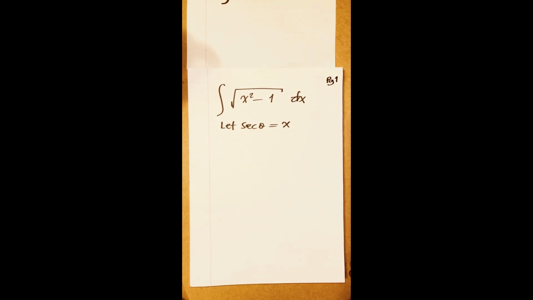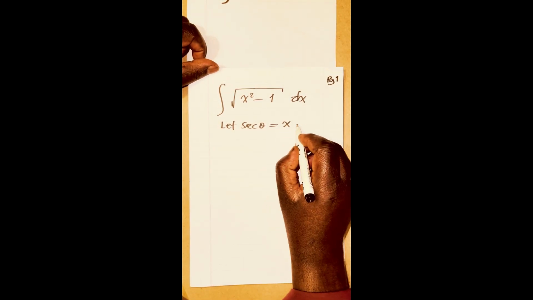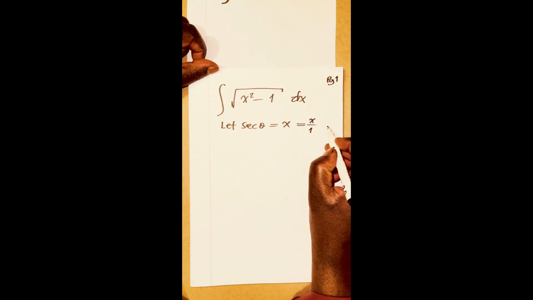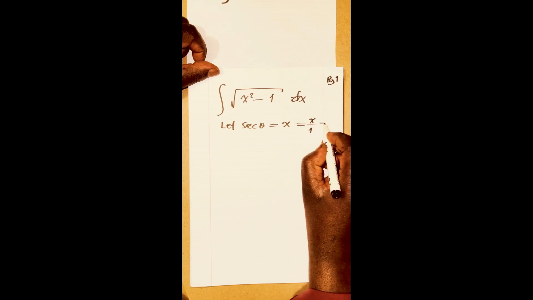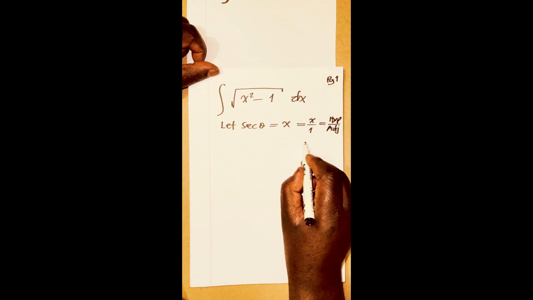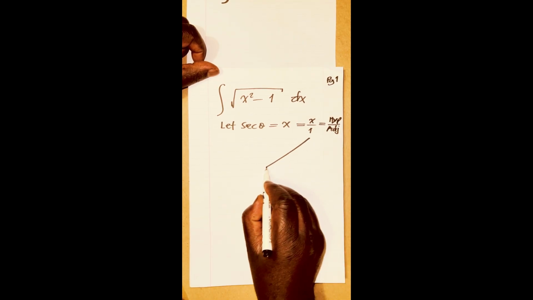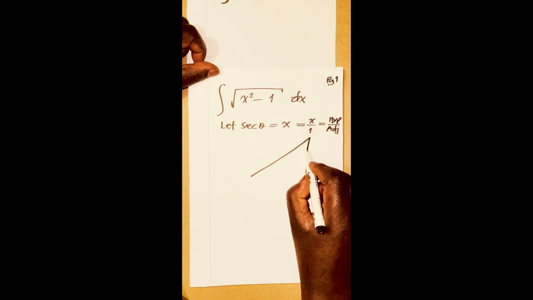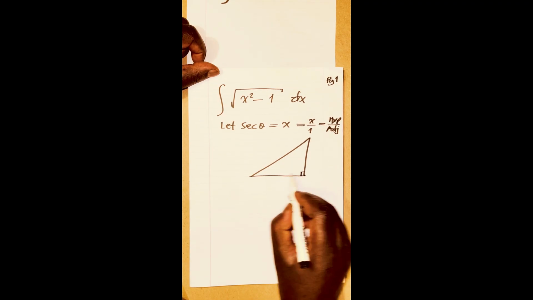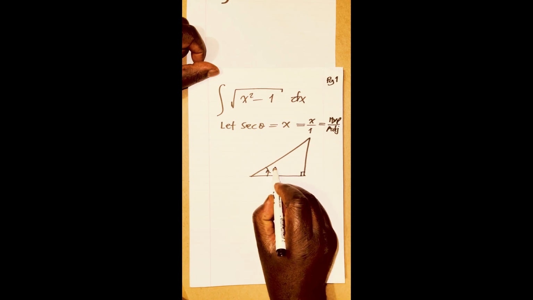Now from here, the first thing we have to do is to look at what this means. In terms of secant, we know that this can be written as x over 1. By definition, if we use a right angle triangle, this would be hypotenuse over adjacent side. Now let's look at the right angle triangle I'm talking about. Suppose this is what you have, and your angle theta is this one here.